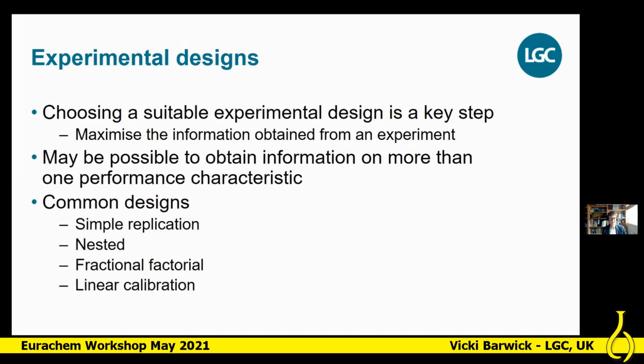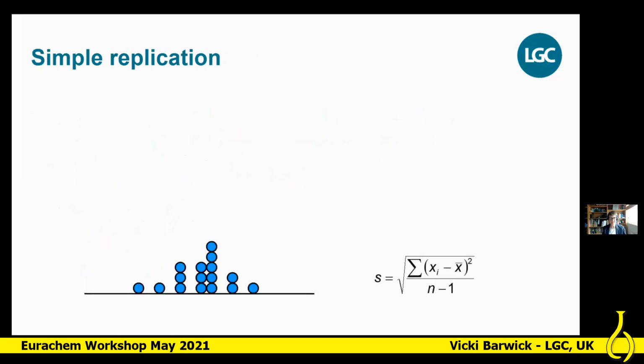There are obviously lots of different experimental designs available, and I've just picked out four here that are fairly common in validation studies, and these are the four mentioned in the Eurachem guidance. I'm just going to quickly illustrate three of them and say what they look like and what they might be used for. I'm sure everybody has carried out a simple replication design at some point.